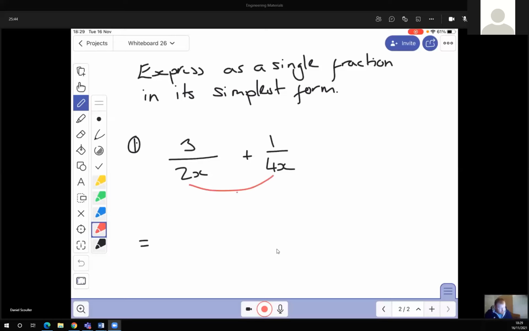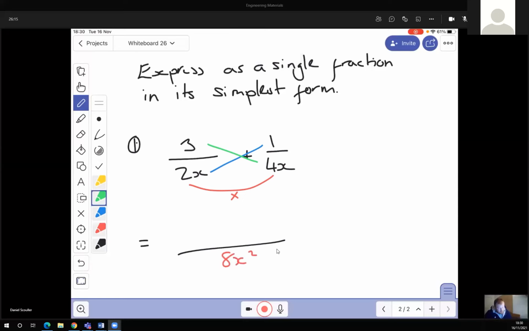Multiply the bottom terms to get your bottom denominator, cross, cross. Your bottom term is going to be 8x squared. Remember, you're multiplying the number, and you're also multiplying the letter, so x times x gives x squared.